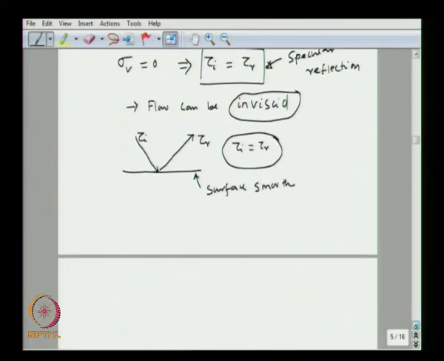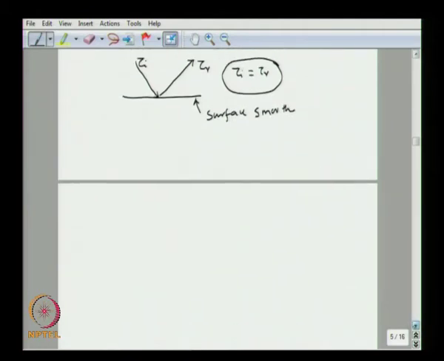Now, if you look at the other extreme where sigma v is going to be 1, then the tangential momentum of the reflected molecules will be 0, and what that will mean is that the incoming molecules impart all their momentum to the surface.